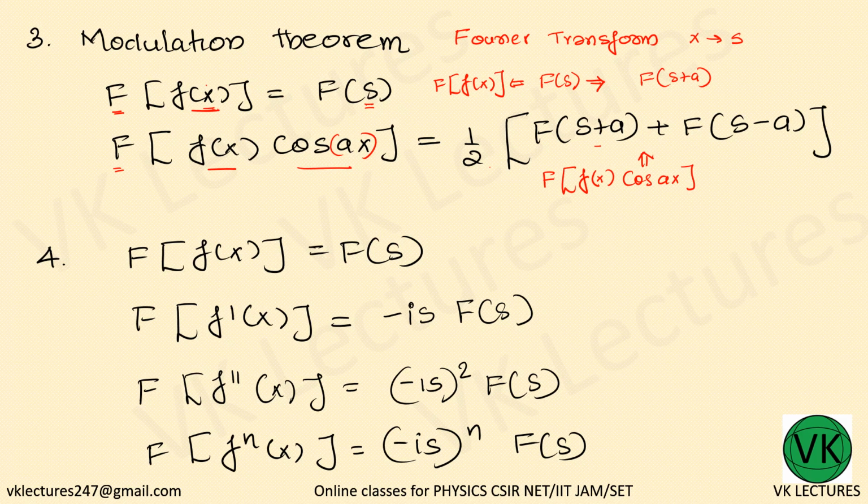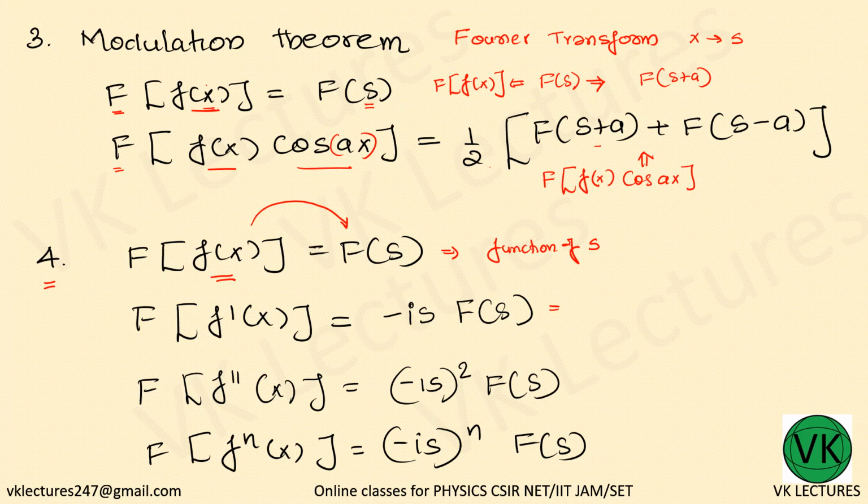Okay, now next is regarding the Fourier transform of the derivatives. If you have the function f of x and its Fourier transform is given as F of s, some function of s, what about the Fourier transform of the first derivative of f of x? That will be equal to minus is times the Fourier transform of the function.